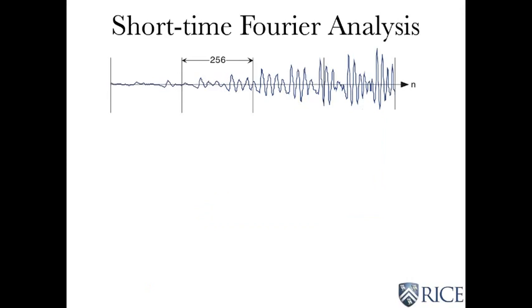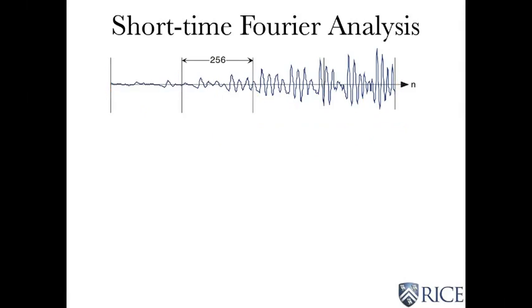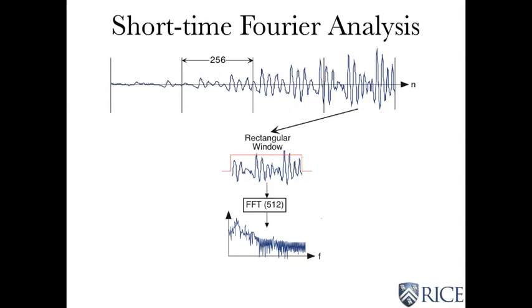All right, well, let's go into the details of what we were just talking about. So here we have a long signal, and we're going to chop it up into pieces. And these pieces are called sections. And the idea is that for each section, I'm going to compute its DFT and evaluate the spectrum. Well, it turns out there's a little problem with doing that directly, which we need to explore, which means we need to be a bit more precise about how you take out a section.